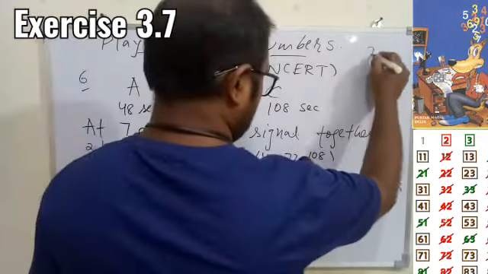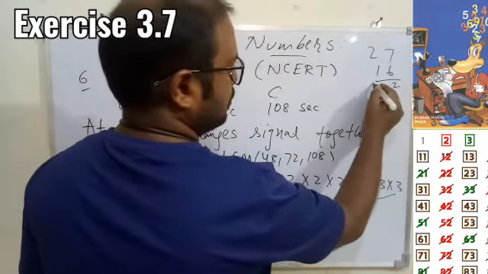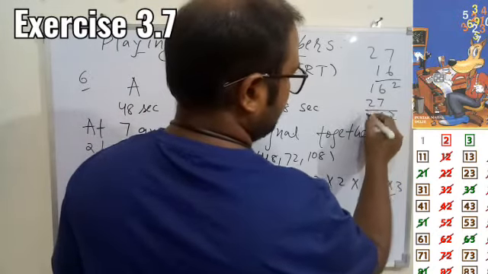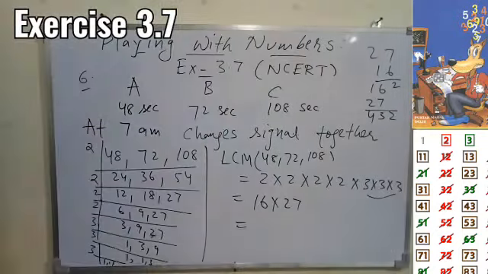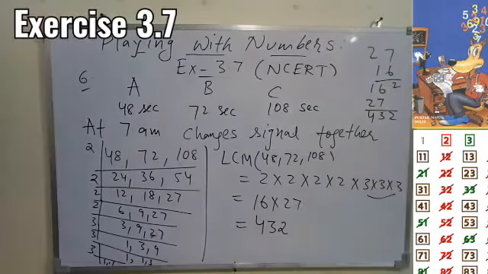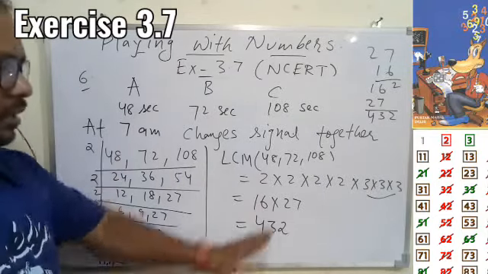So let's multiply. How much do we get? I'm getting 432. So overall 432 is the least common multiple of all three.